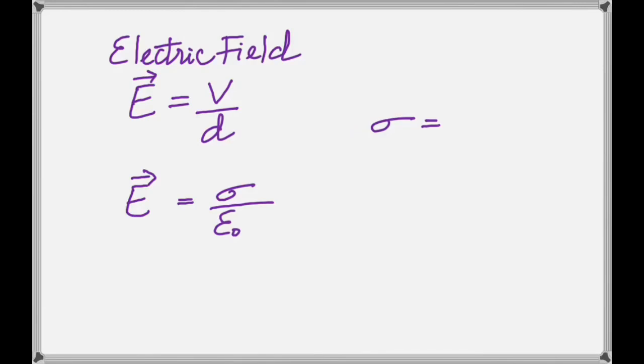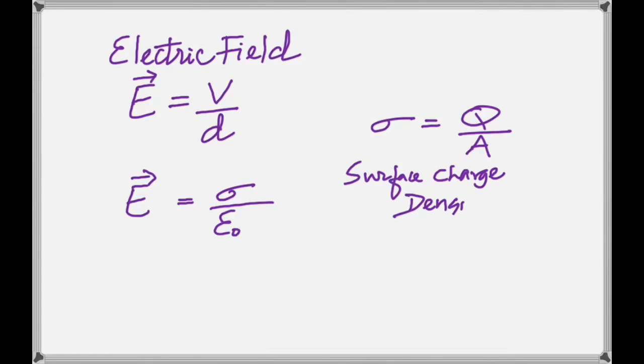Now, what do you mean by surface density of charge? It is the charge divided by the area. Surface density of charge, or simply surface charge. Now, that's going to be in coulomb per meter squared, although I've not written it.